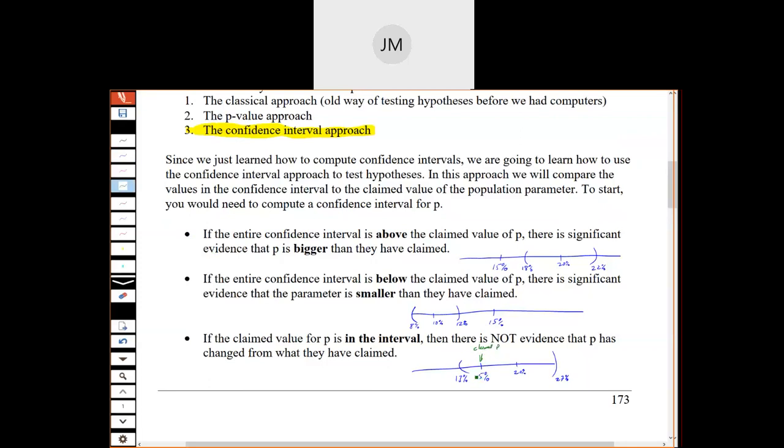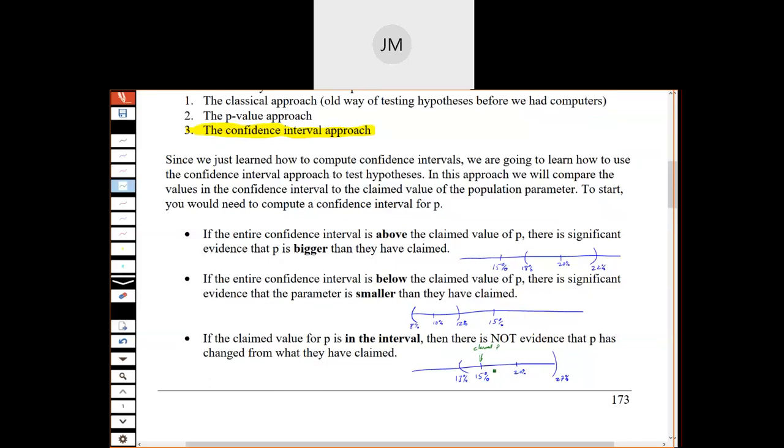Well, if I'm 95% confident that the actual value of p is between 13 and 27, and somebody else says, I think it's 15, we're not contradicting each other. We don't have any evidence to say that that value is wrong. So there's no way to say that the 15 is wrong, but there's also no way to say that the 20 is wrong, or 21 is wrong, or 19 is wrong.